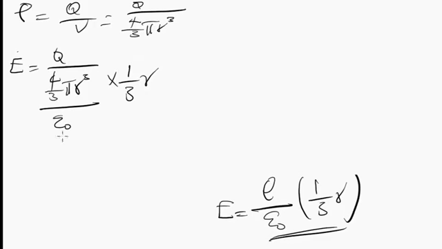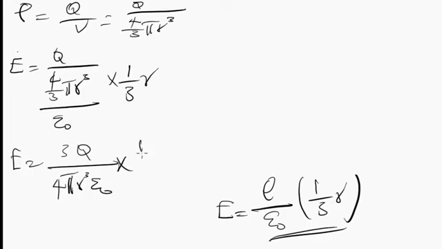Now if I should break this down, I'll have E is, now this is Q divided by 4 over 3 pi r cubed. Now the 3 has to go up, and then I'll have 3Q over 4 times pi r cubed times E naught, and then all these times 1 over 3 r.